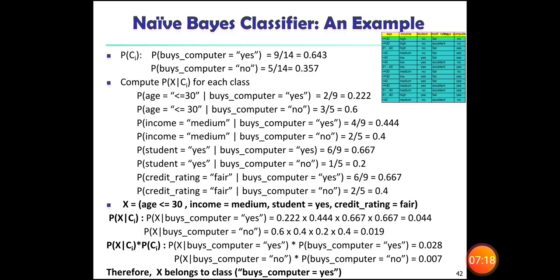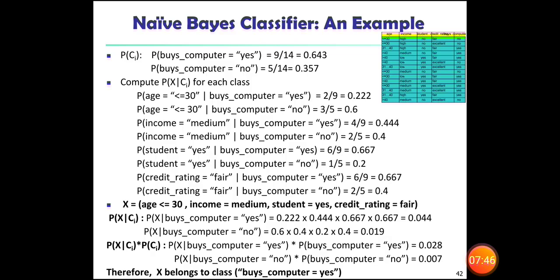The next label we will take is income. Again for income we are going to take medium. So P of income equal to medium, given Bayes computer status is yes. If it is yes, then the number of yes in the Bayes computer column is 4. So 4 by 9. So this value will be 0.444.